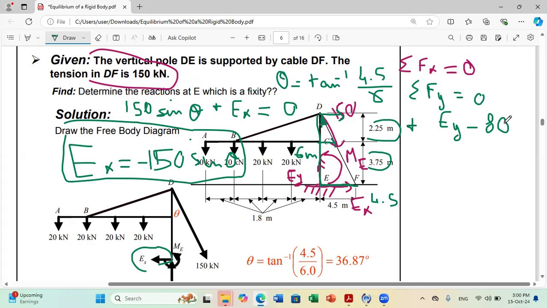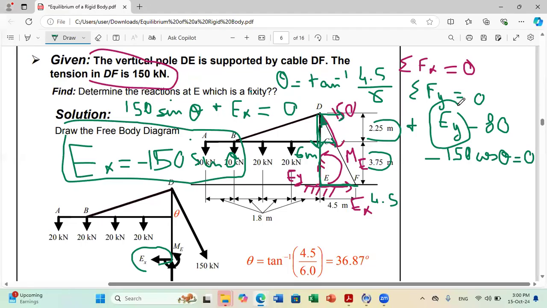You also have the downward component of this force, so it's minus 150 times cosine angle theta equals 0. So this equation will give you the value of EY.